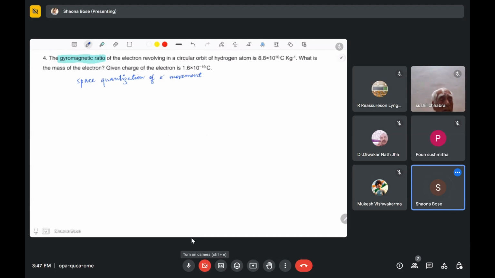Basically, they cannot, I'll have to show you this, move in any direction they want. Whichever direction they will move, it is always discrete, it is not continuous.